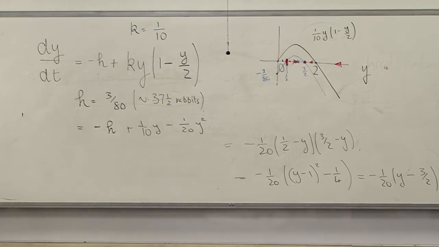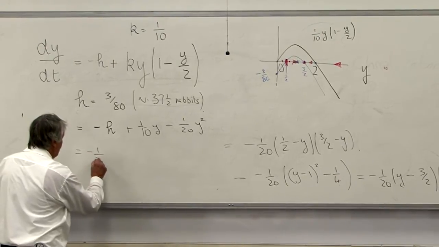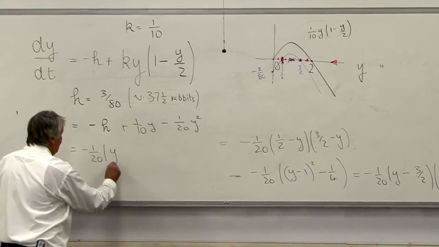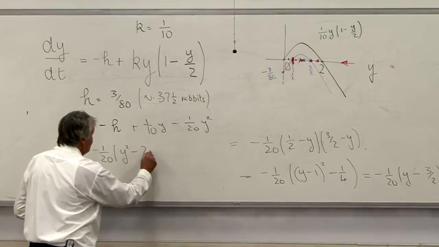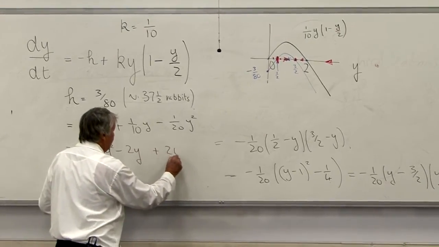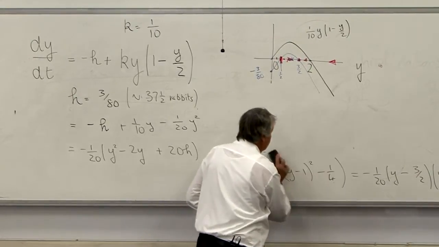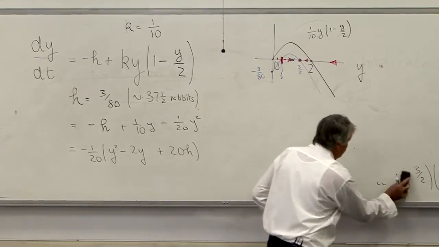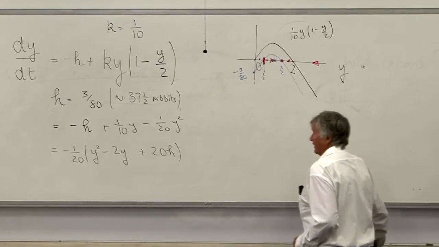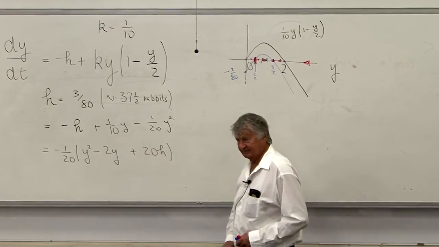Now, a lot of people had trouble with this step. So I'm going to write this again as minus 1 over 20, y squared minus 2y, and then the minus h will become plus 20h. All right, so you all agree this is the same as that.